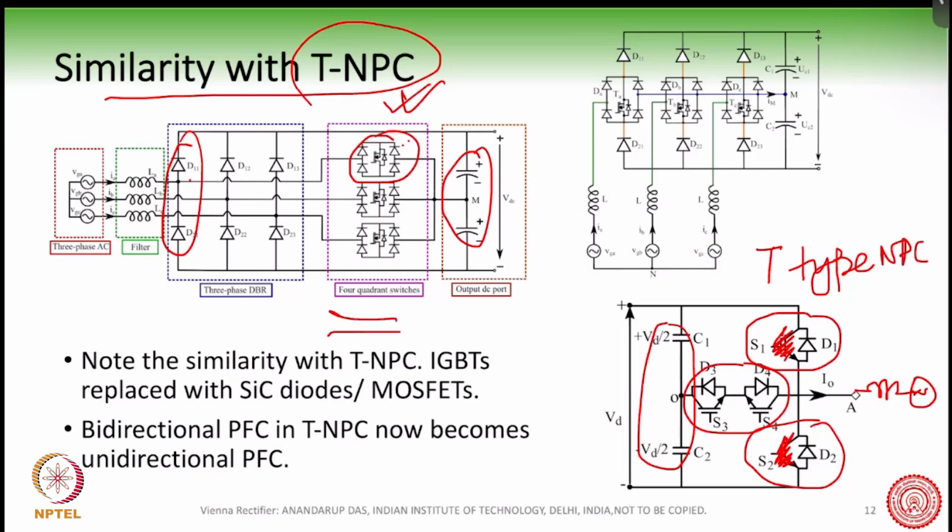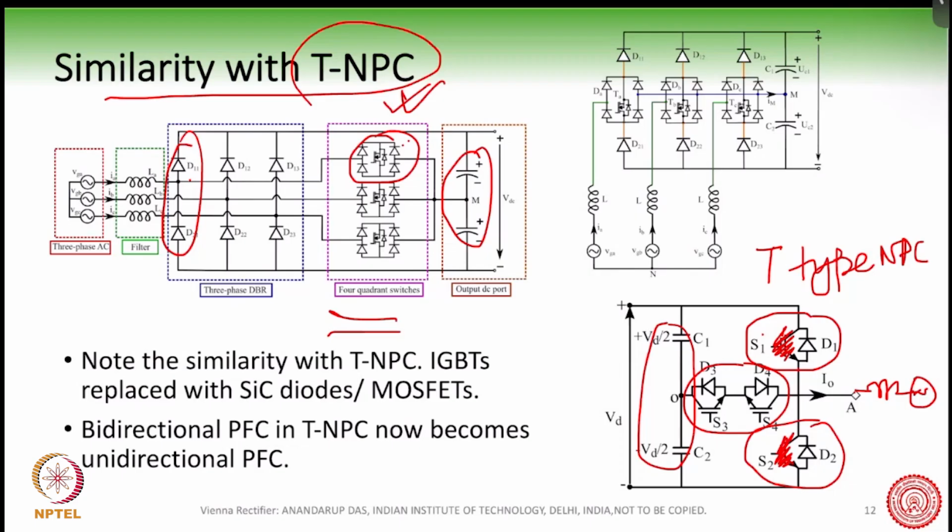We get the same Vienna rectifier. So you can see here that the T-type NPC, if you remove these controllable switches, S1 and S2, basically you land up in the Vienna rectifier.